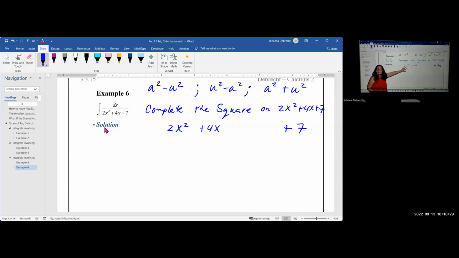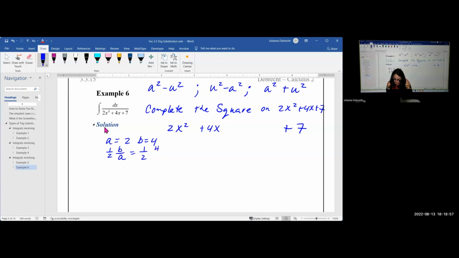Okay, so what's A and what's B? We've got A is 2, B is 4, C is 7. We don't care about C. We care about A and B. So when I'm looking at A and B here, and this is coming from the quadratic formula, A is 2 and B is 4. And I'm going to form 1/2 of B over A. All right, this is from completing the square, which I hope you remember, but maybe you don't.